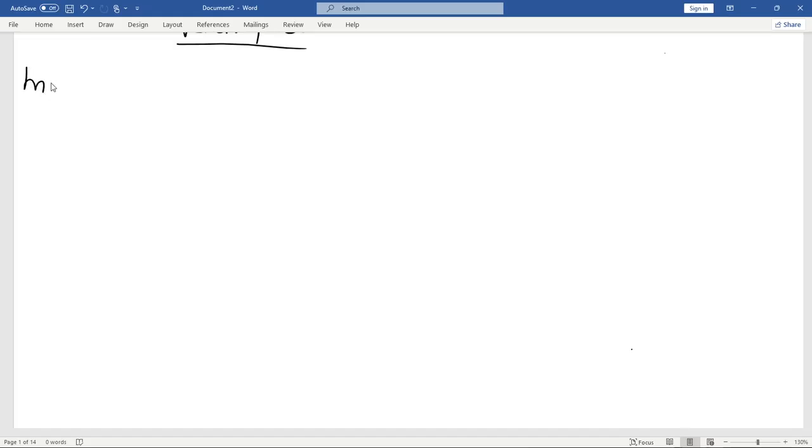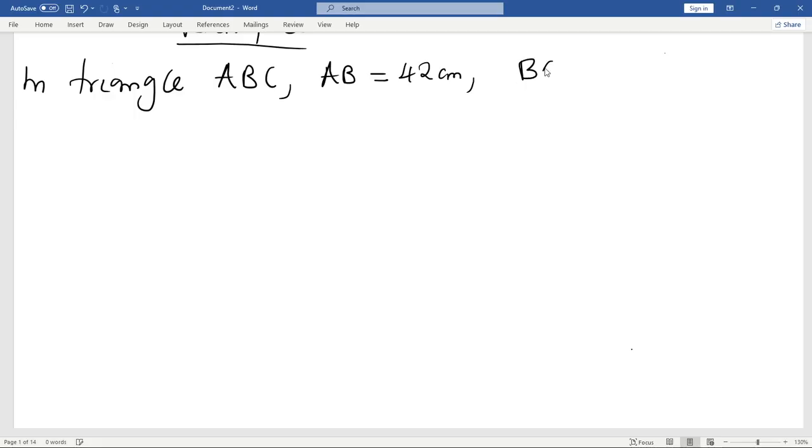So in triangle ABC, AB is equal to 42 centimeters, then BC is equal to 37 centimeters, and AC is equal to 26 centimeters.